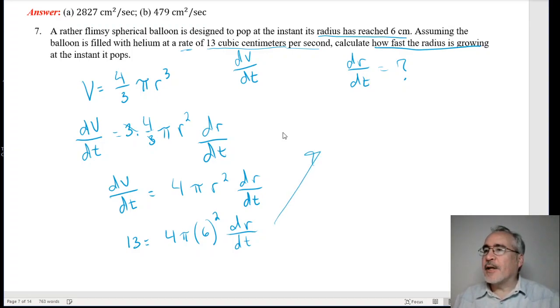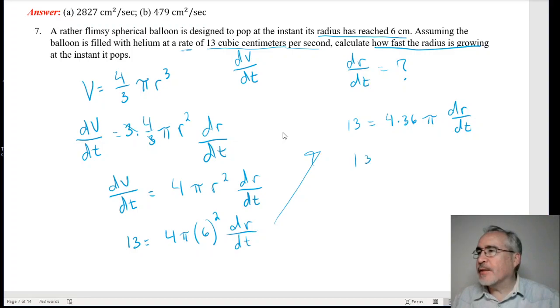Let's just go up here to keep it all in nice little flag. So we get 13. 6 squared is 36. So 4 times 36 pi dr dt. Let's go ahead. 4 times 36 is 4 times 6 is 24. 4 times 3 is 12, with the carried 2, that's 144 pi dr dt.